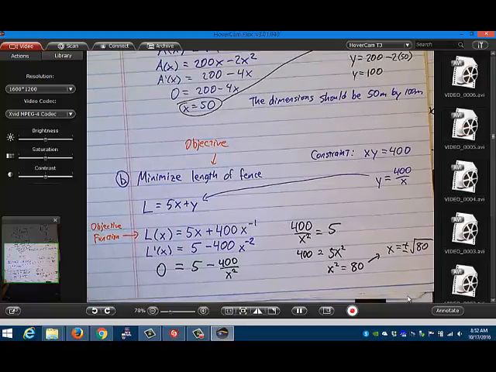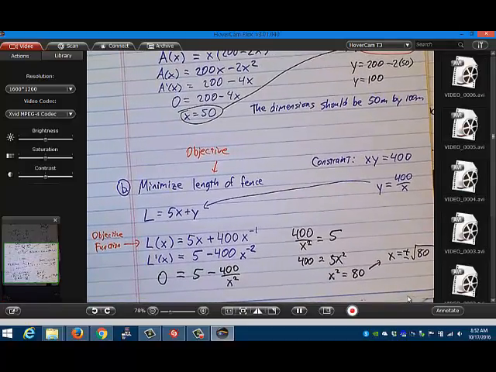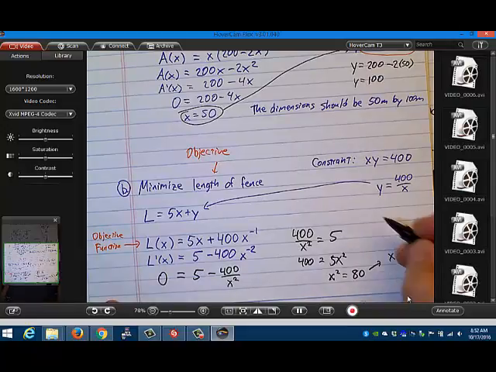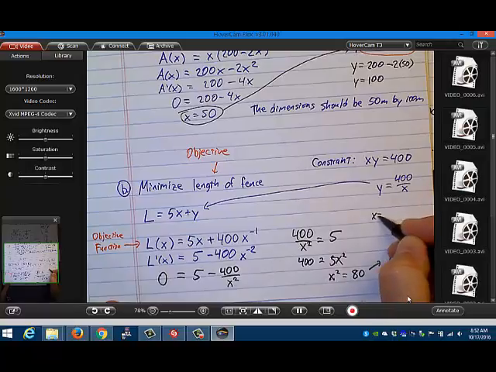But we can't have negative in this problem because we're talking about a dimension of fence. So we're trying to minimize the length of the fence. I would use the square root of 80.